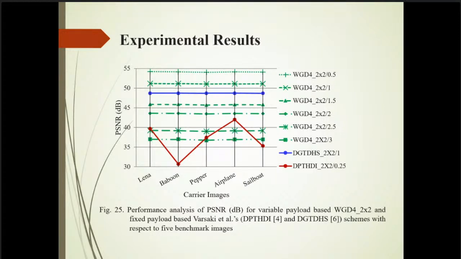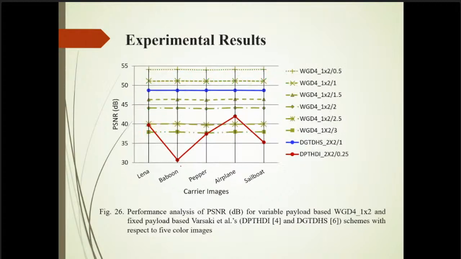You see here, even in the case of baboon, it is above 30. So that means the group-let or dihedral transformation is very useful for this type of steganographic applications, or the transform computations in terms of reversible and steganographic applications.